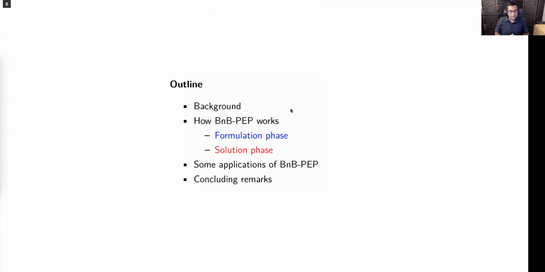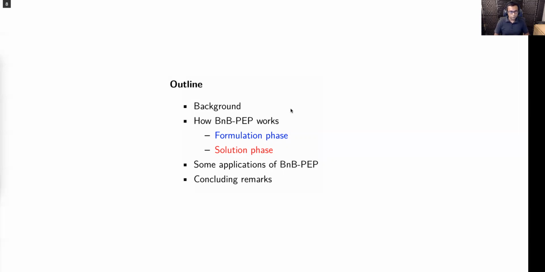So, okay, now let's start the presentation earnestly. This is the outline. First, I will talk about the background necessary to understand what BnB-PEP is trying to do. Then we will dive into how BnB-PEP works. It works in two phases. First, the formulation phase, where it formulates the problem of finding the best method as an optimization problem itself.